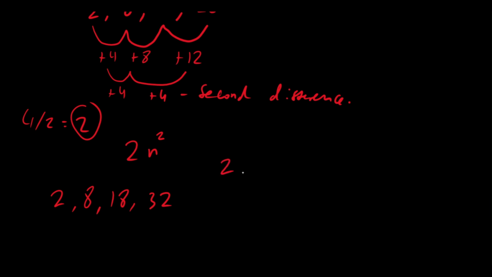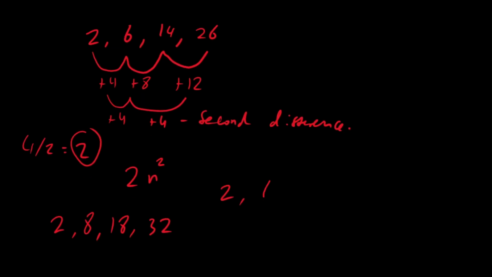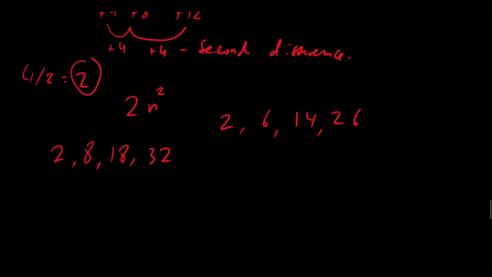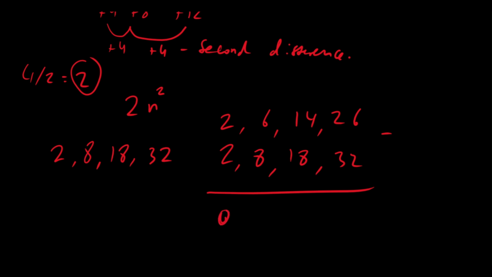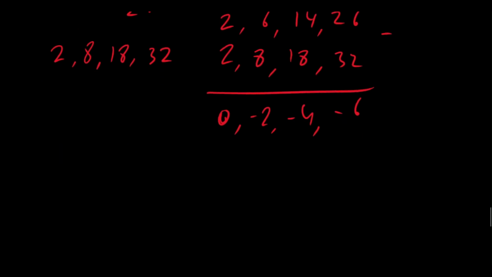So you have 2, 6, 14, and 26. So first of all, you have 2, 8, 18, 32. So now you subtract these two from each other, and you get 2 minus 2 is 0, 6 minus... negative 2, negative 4, and negative 6. So the difference here is negative 2, negative 2, and negative 2.